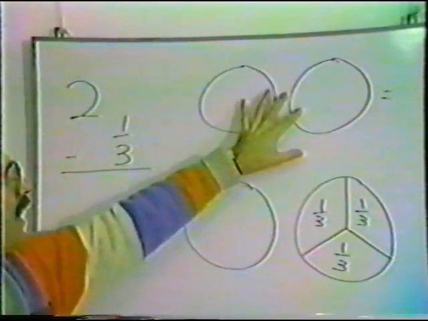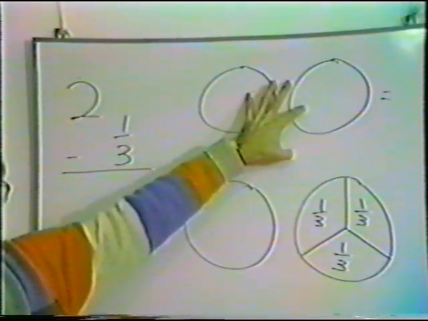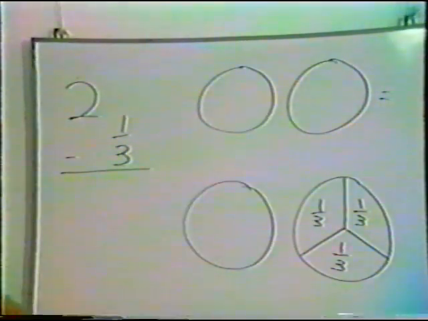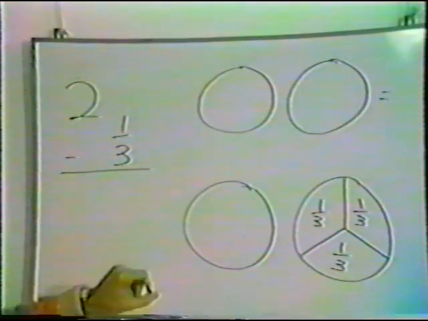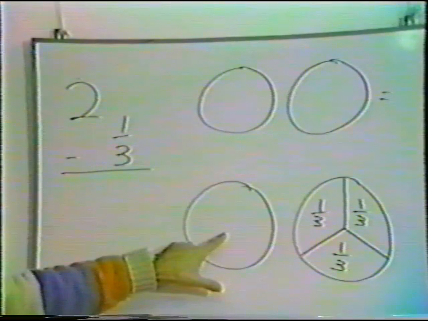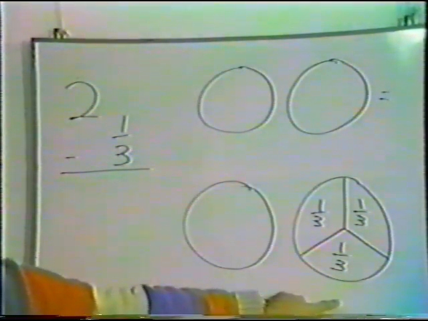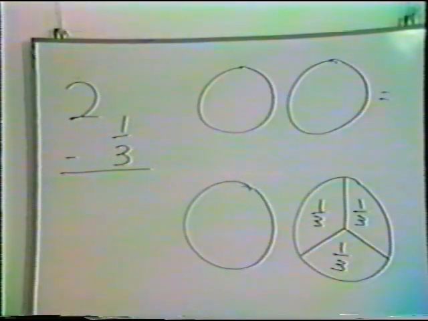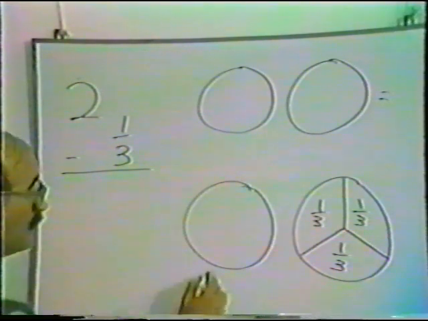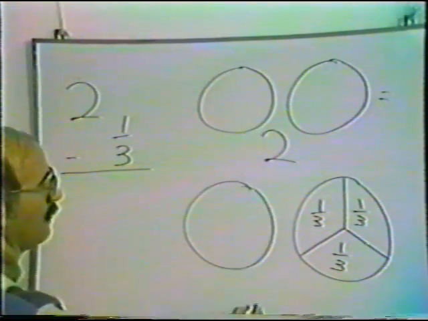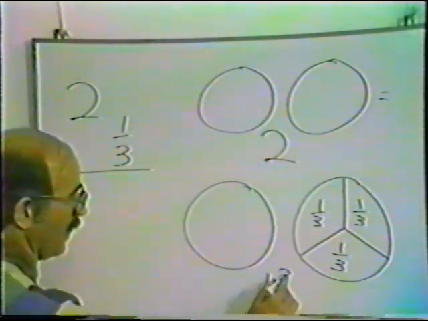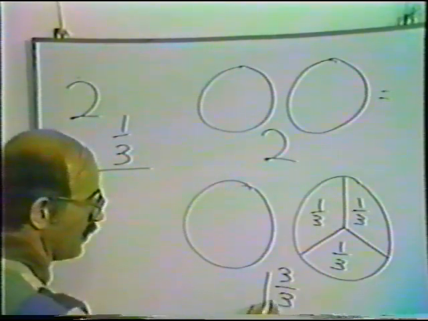Now here we have 2 whole pies. But what has that now become? How many whole pies? 1. And what else do we have? 3/3. 2 became 1 3/3.